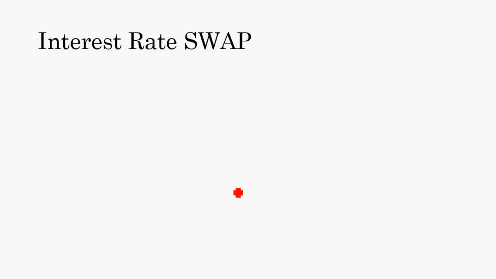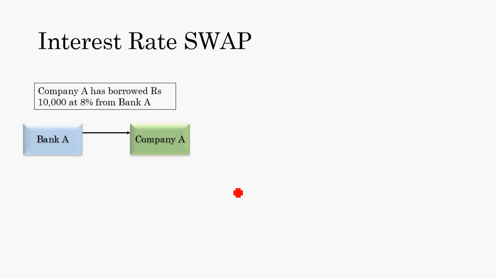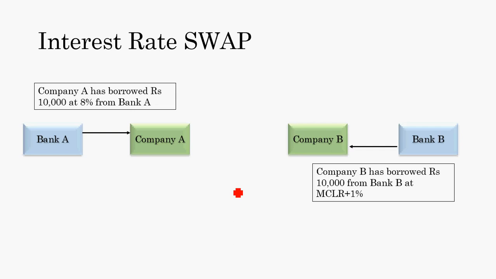Interest rate swap. Let's assume that there are two companies, company A and company B. Both these companies have borrowed a certain amount from a bank. Let's assume that company A has borrowed rupees 10,000 at an interest rate of 8% from a bank. Similarly, company B has borrowed the same 10,000 rupees from a bank at an interest rate which is MCLR plus 1.